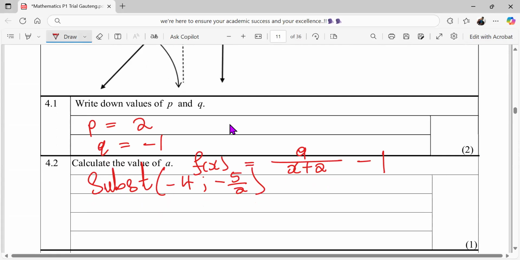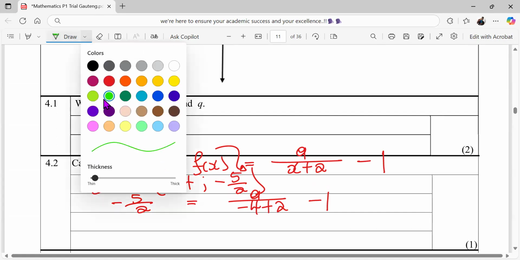So the y value is f of x, it's -2.5. So according to this point, the y value will be -2.5 every time when x is -4. And then we say minus 1 like that. We want the value of a.